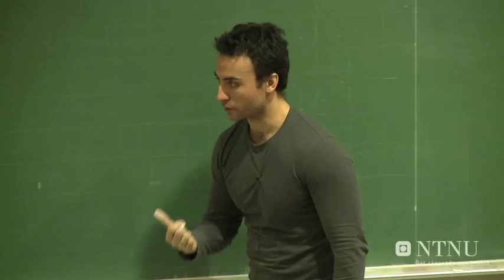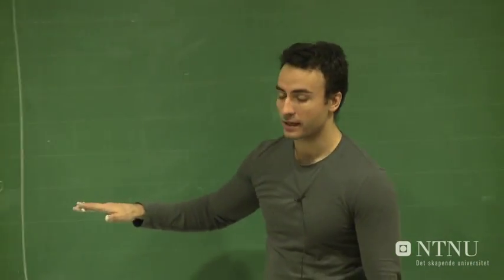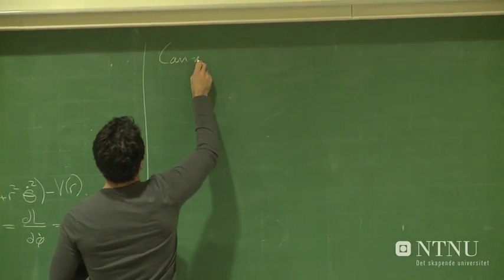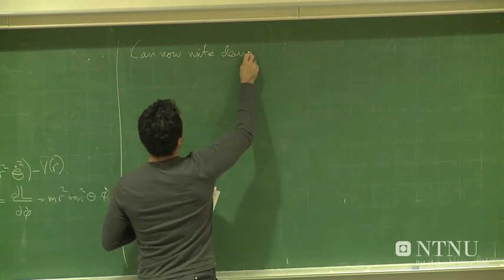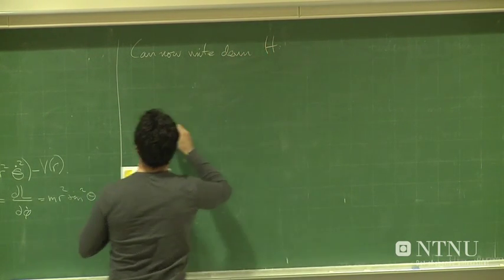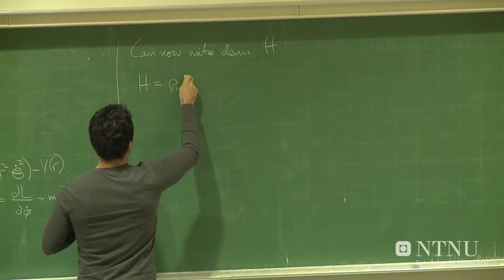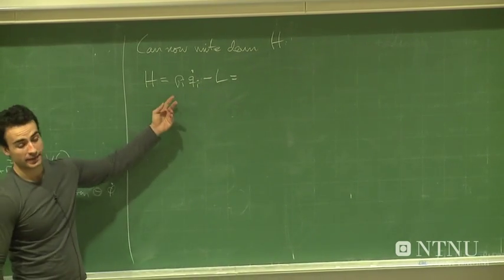All right, we have the Lagrangian, we have the canonical momenta. Next step is to write down the Hamiltonian, where we have implicitly a summation here.